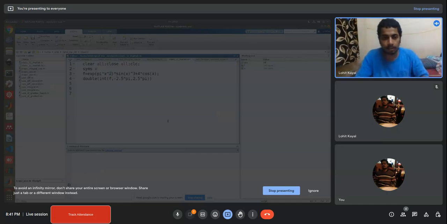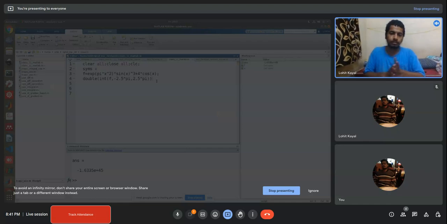So it is e to the power pi x square times sine of x cube plus 4 times cos x. I just wanted to check if it works, and it does not. But if you do symbolic computation, you can try it yourself. I am pretty sure that it will give you the correct answer.